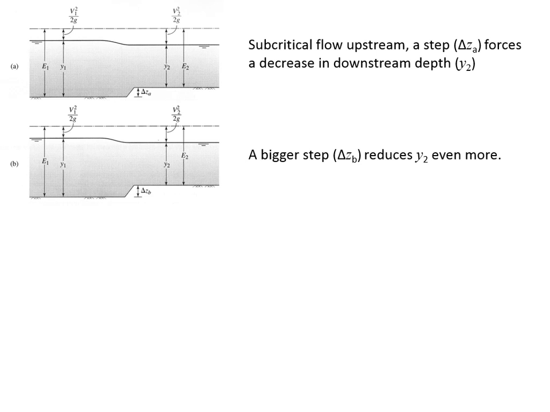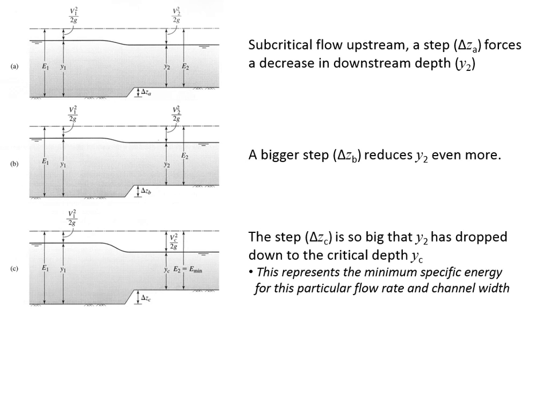And this is just a review from the previous slide, trying to refresh your memory of where we were at. And then there's some maximum step height, the critical delta Z. And we know that the biggest step that can be handled by the flow without choking this upstream section is the step that's going to cause the critical depth after the step.